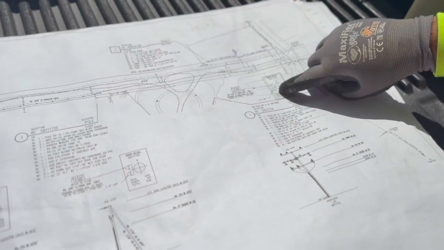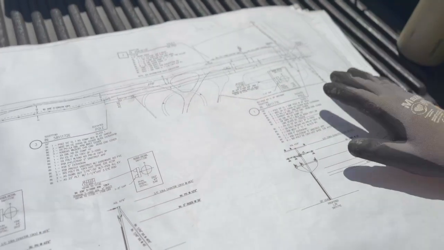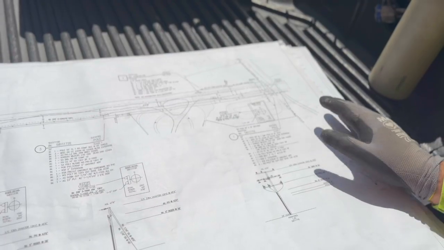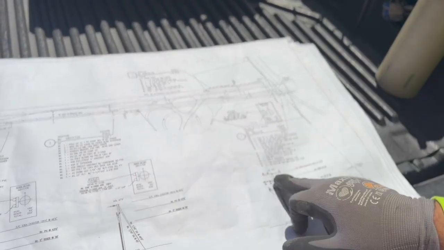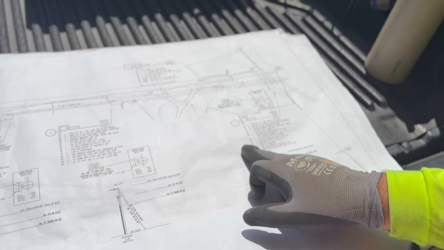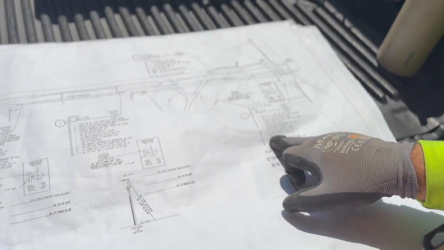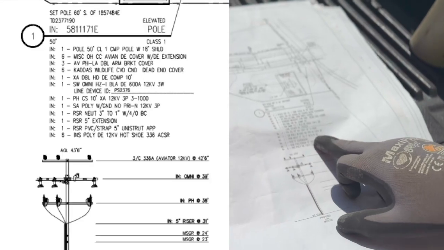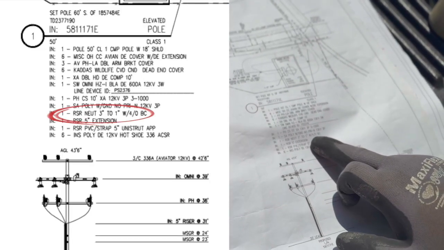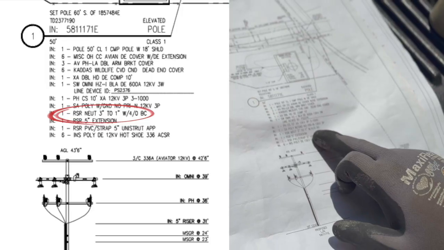But in this situation, they did not put the dot. That's why you have to read all the call outs, all these words, because here it says riser neutral, the size of the cable and what we're installing, which is a 4-aught copper.